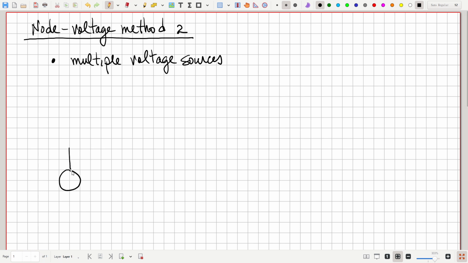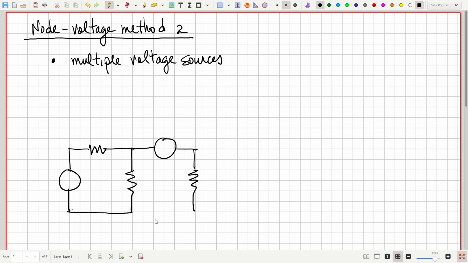Here's a voltage source, and here's a resistor, and we'll have another resistor down here. And now here's our second voltage source, and there's another resistor like so. And then we've got another resistor up here.